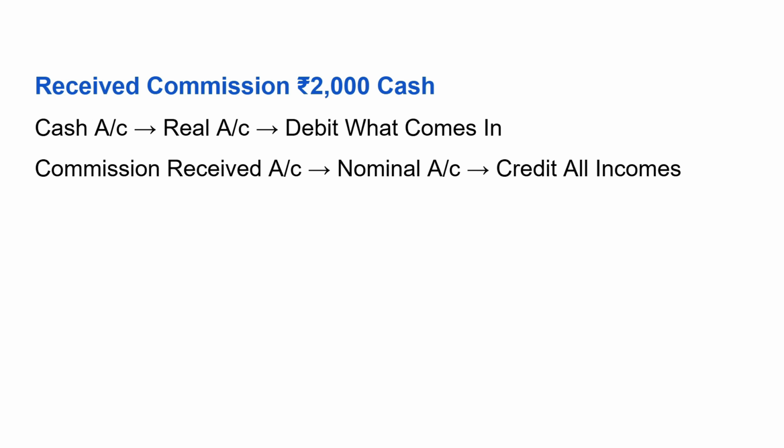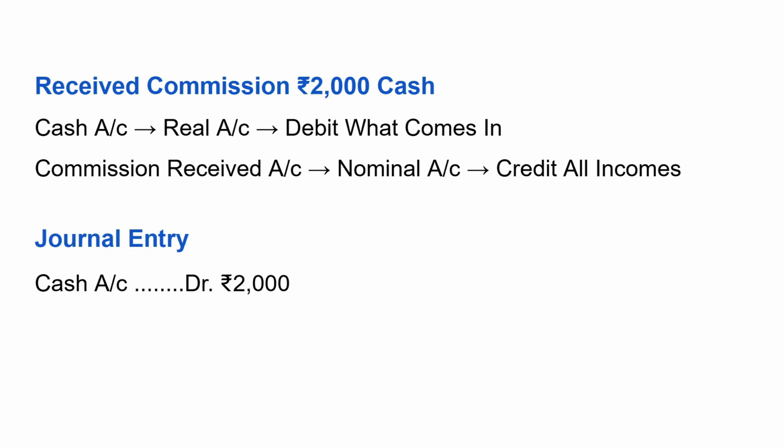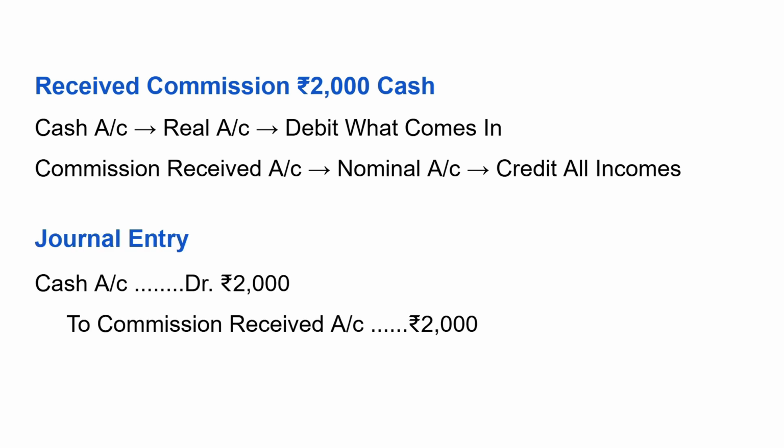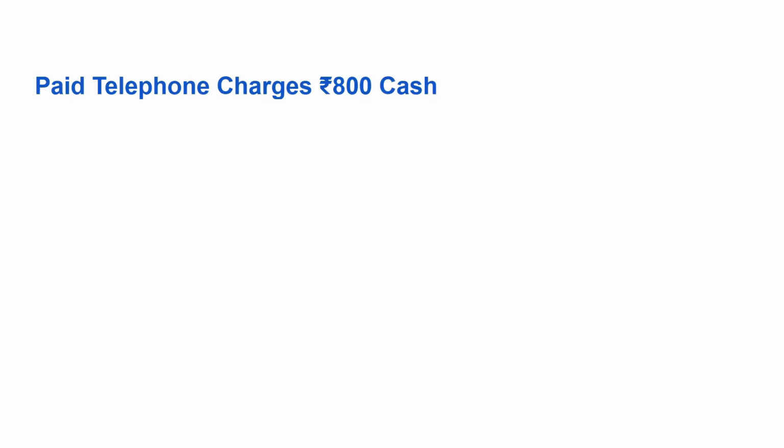And commission received, commission is nominal account, commission is income to the business because it is received, so the rule is credit all incomes. And the journal entry is cash account debit 2000 to commission received account 2000 rupees, and the narration is being commission received.